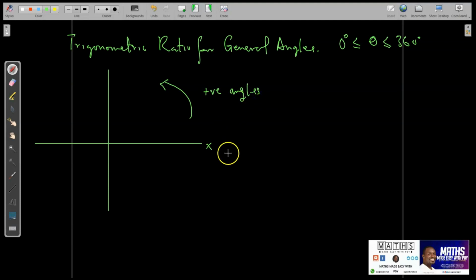When you measure trig angles from the positive x-axis in the clockwise direction, they give you what we call negative angles.